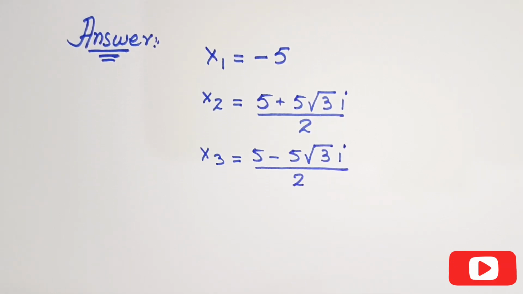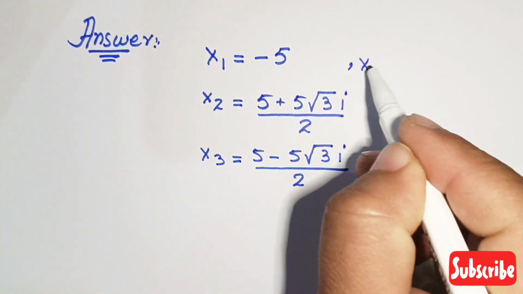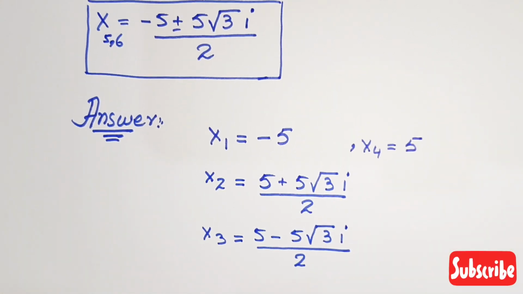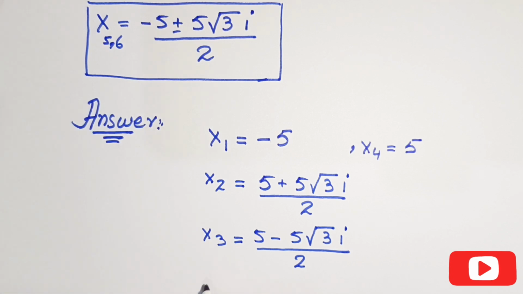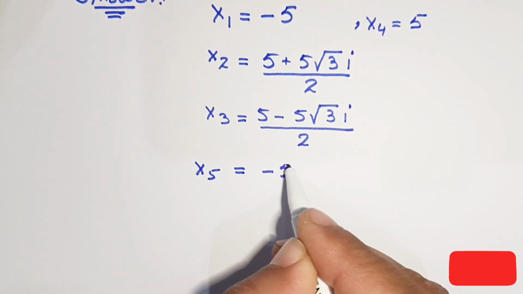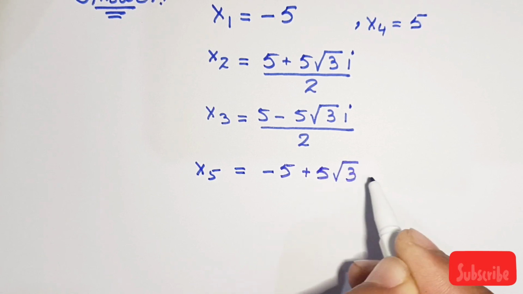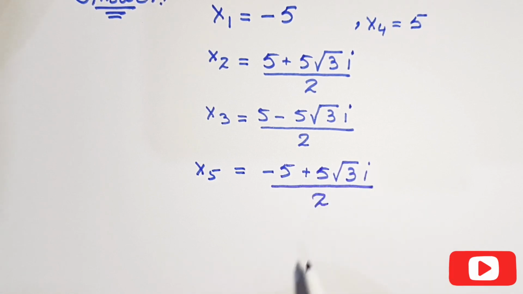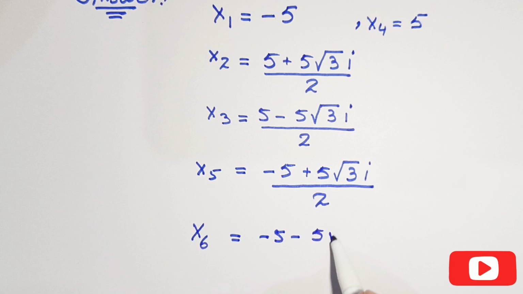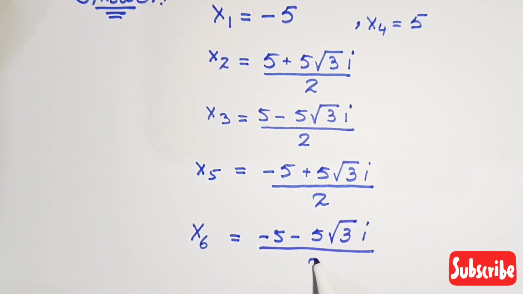Similarly, x4 is also a real solution, that is x4 is equal to 5. And now x5 and x6: x5 is equal to minus 5 plus 5 times the square root of 3i all over 2, and our final value is x6, which is minus 5 minus 5 times the square root of 3i all over 2.